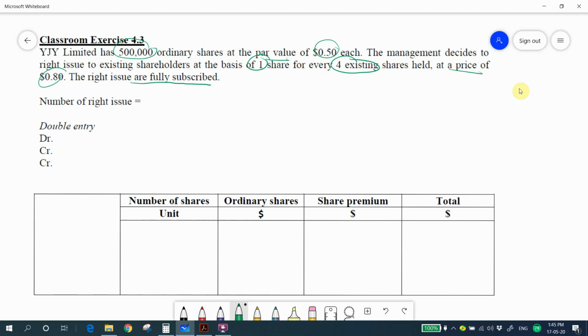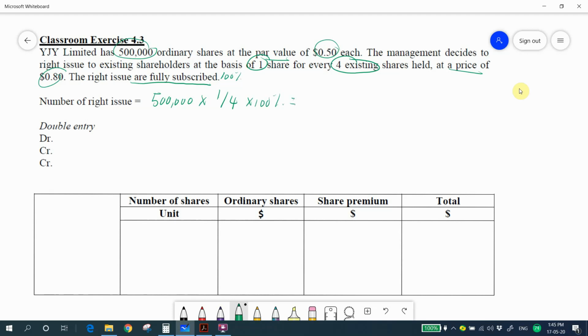Before we do the double entry, we have to consider how many rights shares there are for this company. The company originally has 500,000 ordinary shares, and the rights issues is on the basis that if you have 4 shares, you can take 1. And this rights issues is fully taken up, so it's 100% subscription.